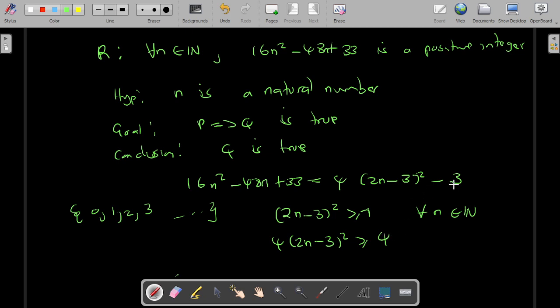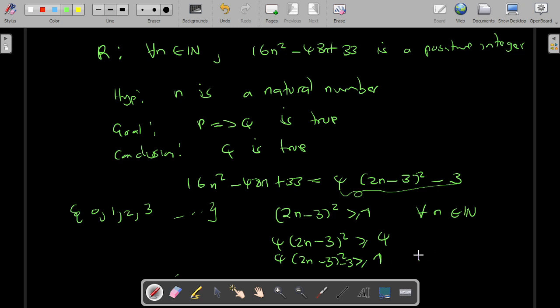Now, if I subtract 3 on both sides, I'm trying to construct this. I'm going to have 4 times (2n minus 3) squared minus 3 greater than or equal to 4 minus 3, which is 1. So it's greater than or equal to 1, and so it has to be positive.